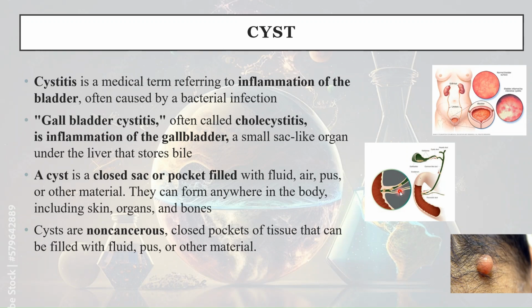What you are seeing down here is also called a cyst. It is a non-cancerous closed sac or pocket filled with fluid, air, pus or any other material. So these are the three different meanings the cyst carries in our body.